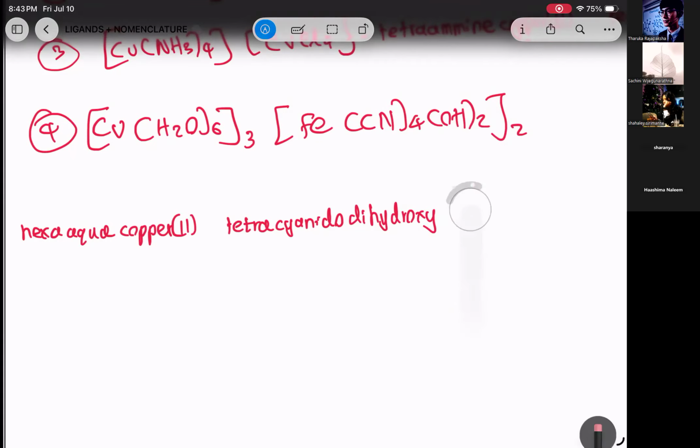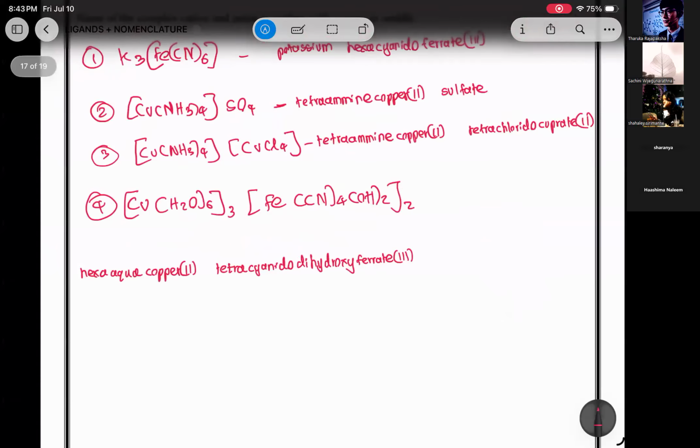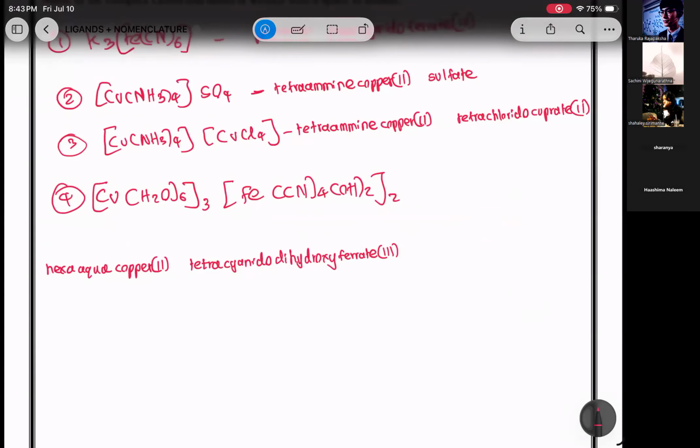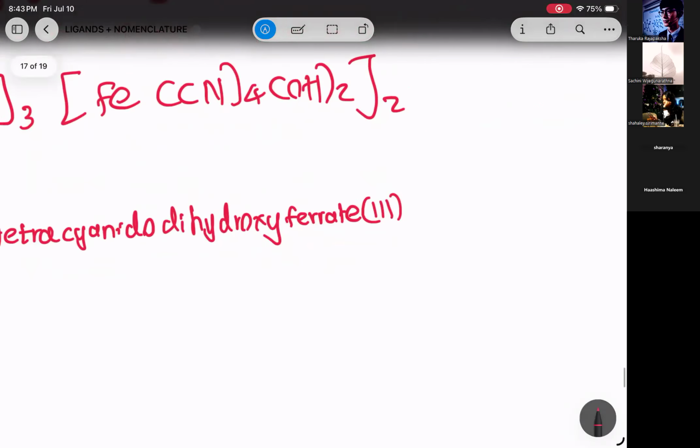There is no space. Ferrate 3. That's the name of the compound. Dihydroxido. Yes, I said it with my mouth, but I didn't write it. Hydroxido.